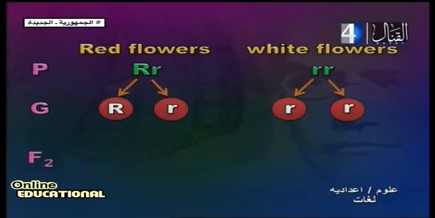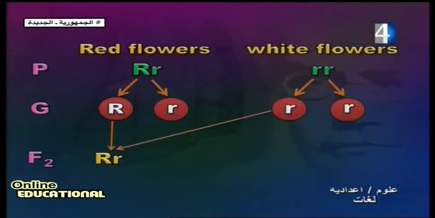When a mating occurs between R capital and R small as shown, R capital meets R small, or a pollen grain fertilizes the ovum of R capital, it will produce red flower.